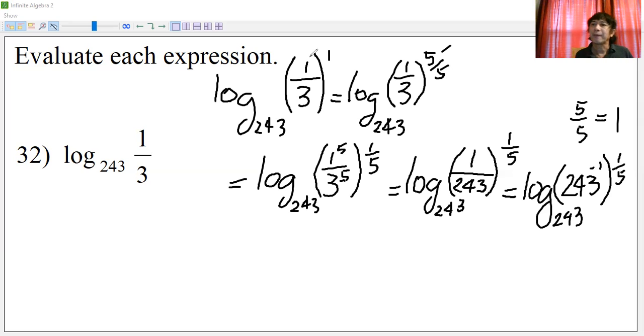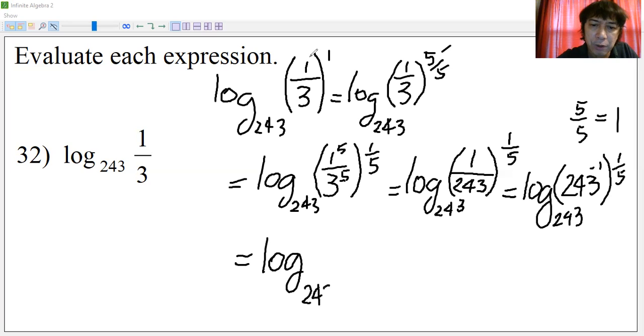Now you can multiply the -1 and the 1/5, that gives you a -1 over 5. So further transformation, that should look like this. Logarithm base 243, we can now further express it like 243 raised to the -1 over 5.